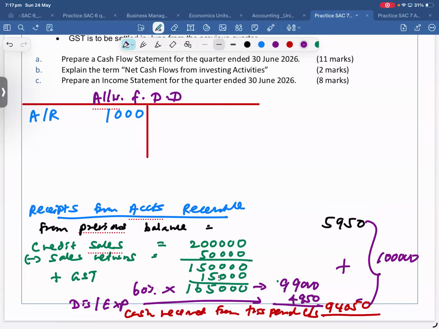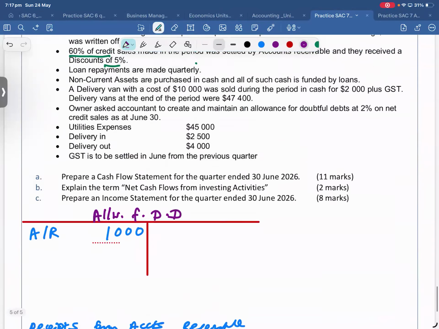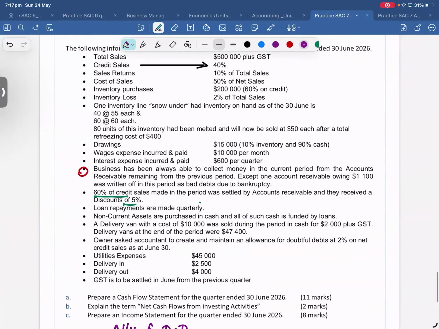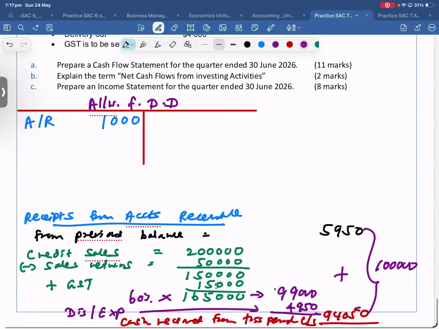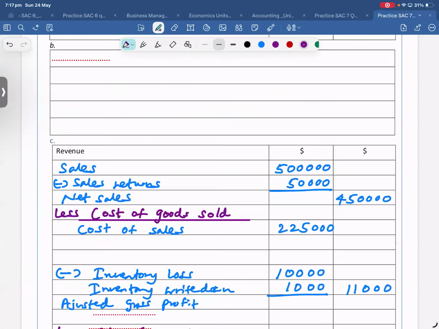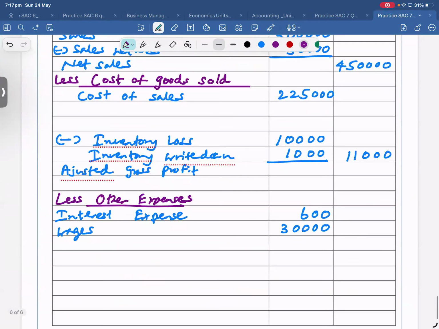Okay, guys, then 100,000 is cash received. All right, from this information we can do a few things here, guys. I'm going to do, firstly, the income statement here. So I'm going to report discount expense. How much? 4,950. Right? 4,950.